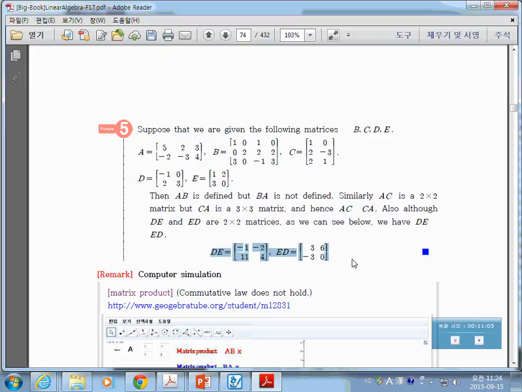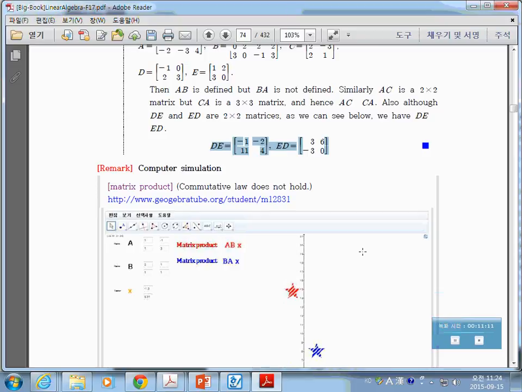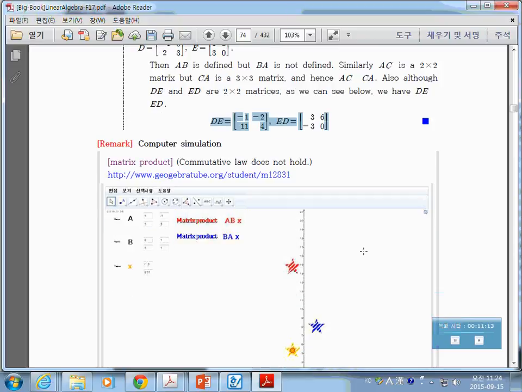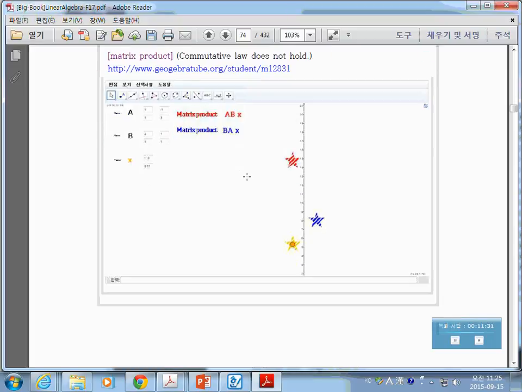So the matrix product is not commutative. That makes a very interesting difference, and this also gives us an interesting generalization of the product of real numbers. The matrix computation can be done in this GeoGebra tool for simulation of matrix computation that you can check.